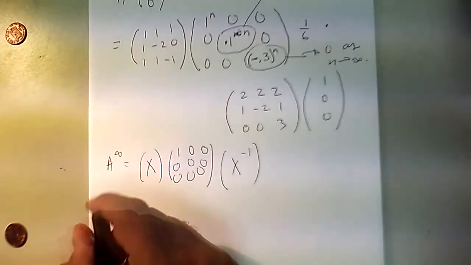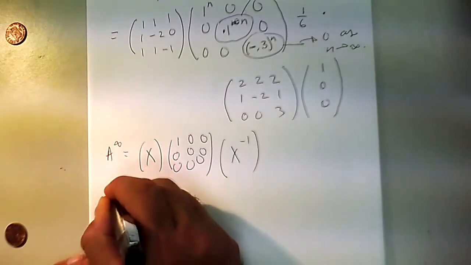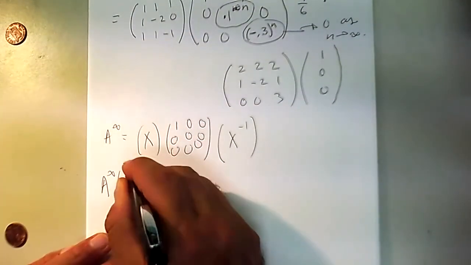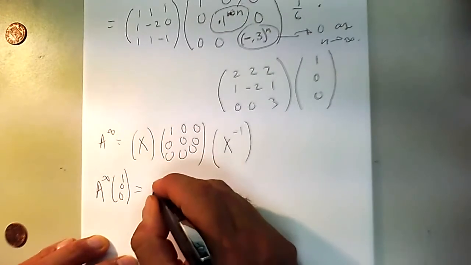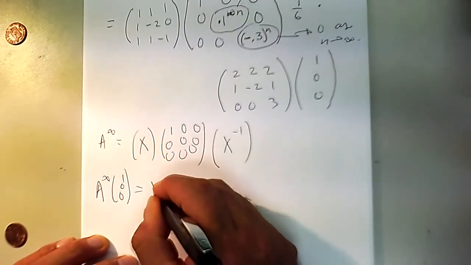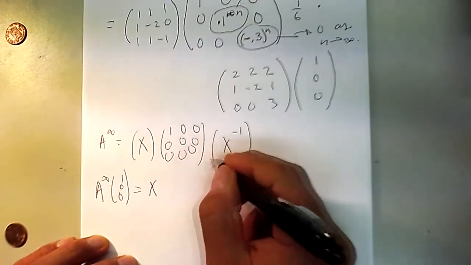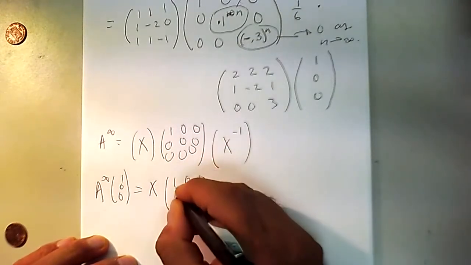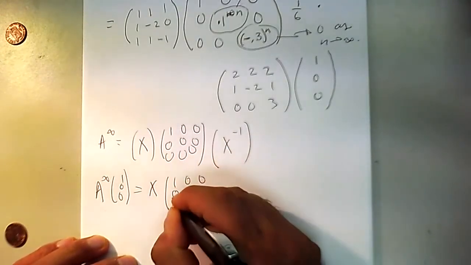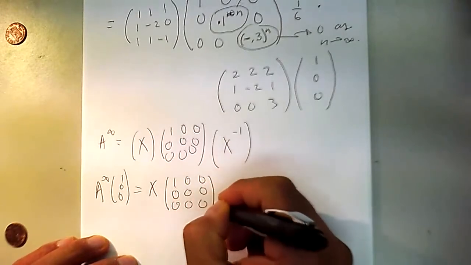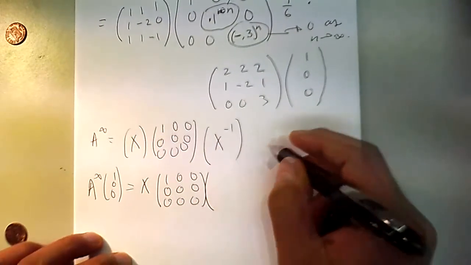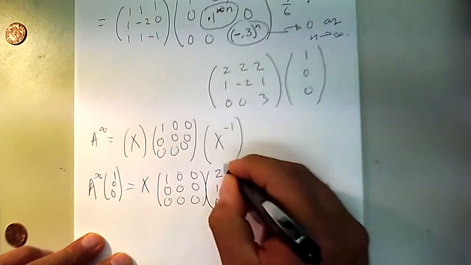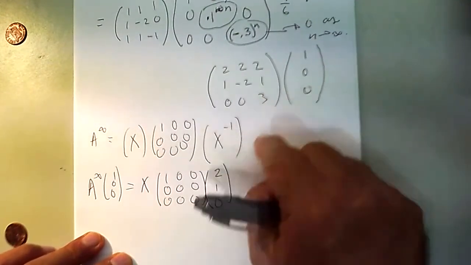And then A to the infinity times 1, 0, 0 equals X D to the infinity, which is going to be 1, 0, 0, 0, 0, 0, 0, 0, 0 times 2, 1, 0, 2, 1, 0. When we multiply those two, we get that.